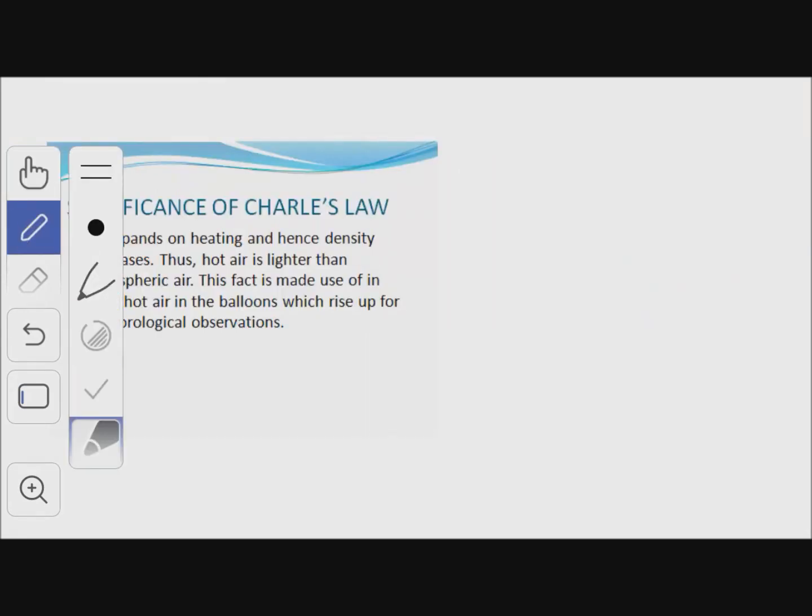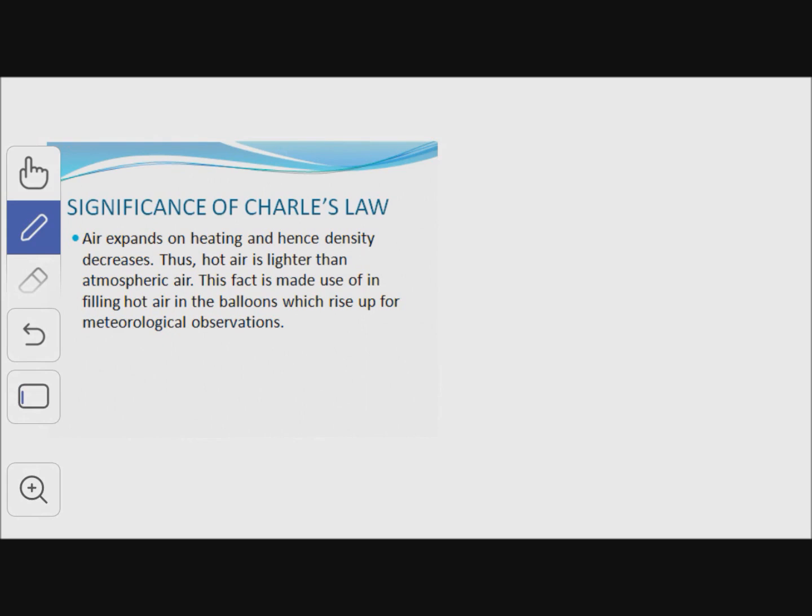Next is the significance of Charles' law. What is the importance of Charles' law? What is the application of Charles' law? Here the air expands on heating. When we heat the air, it expands.